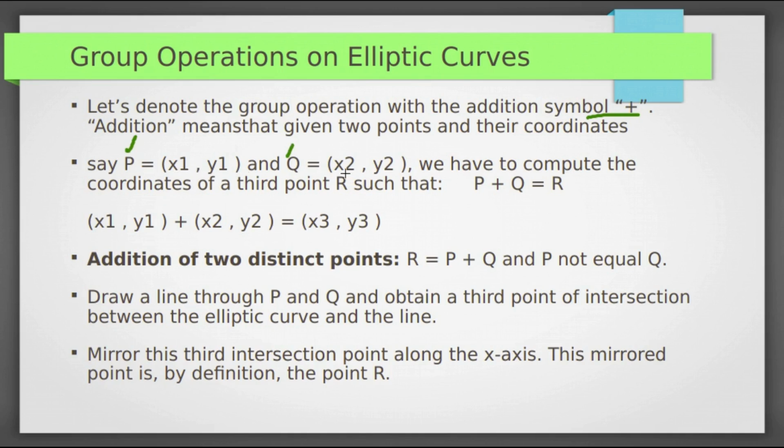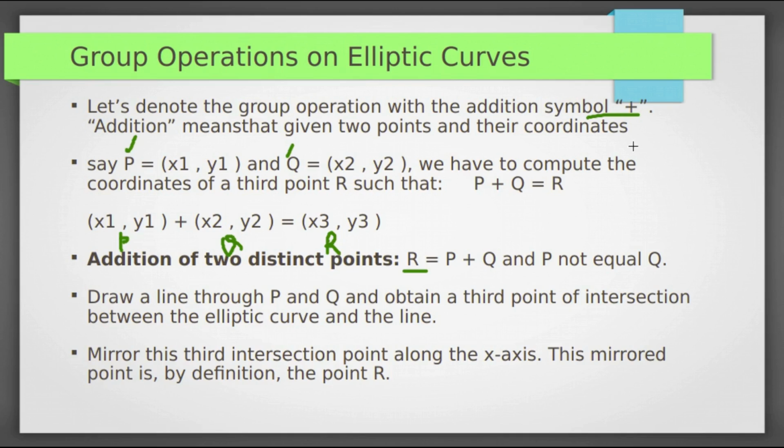Q's coordinates are x2, y2. We have to compute the coordinates of the third point R such that P + Q = R. That is, (x1, y1) + (x2, y2) = (x3, y3). It is P, it is Q, then the result will be R.